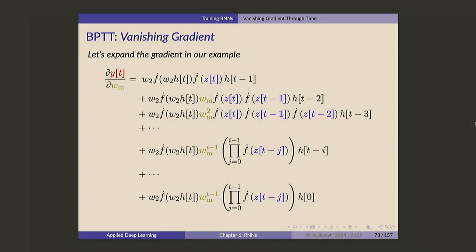These are multiplicative expressions, right? So it means that when you are at time t, your gradient is going to get impacted from your hidden state in the previous time, and the coefficient that is carrying the gradient for you is just one term. Two time steps before, that hidden state is also bringing you some information.